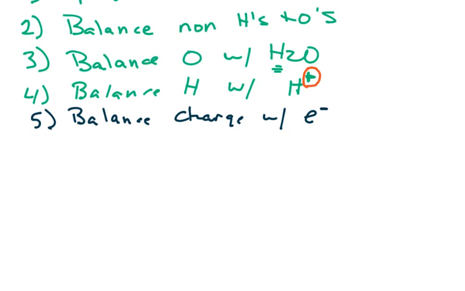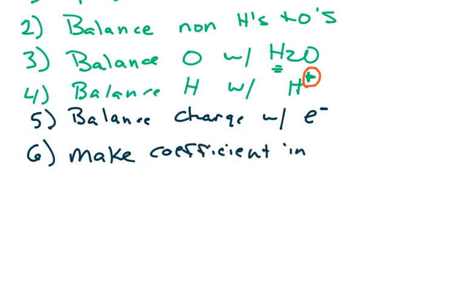And we make them cancel out by making the number in front of them the same. So we'll make the coefficient in front of E minus the same. Okay? Again, that'll make sense when we do it.